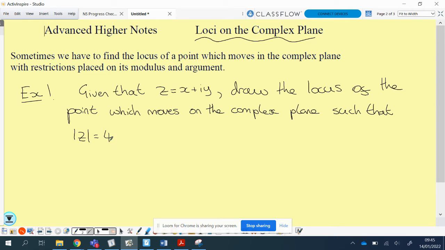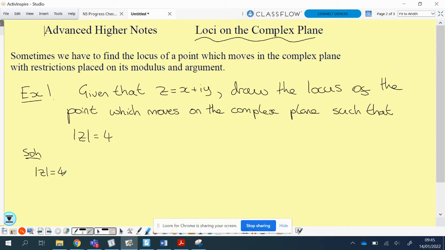So we want to find the possible region for where a complex number could lie such that its modulus would be 4. Let's start with the solution part. If the size of z is 4, then the size of z relates to r, it's the modulus.